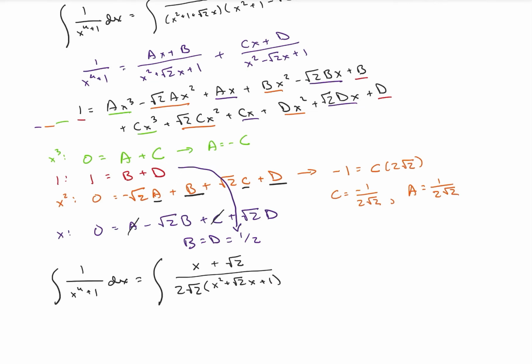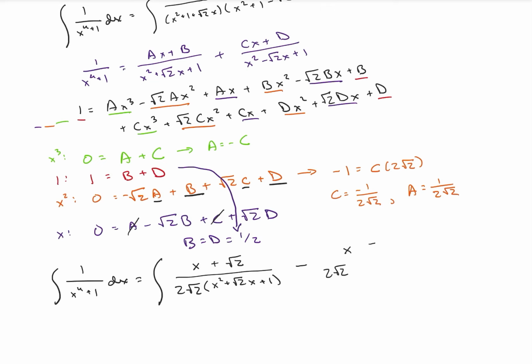And then I'm going to have a minus, and then negative 1 over 2 root 2. So I'm going to bring that 2 root 2 for c into the denominator. And that's x, and this time it's minus because I pulled out the negative sign.